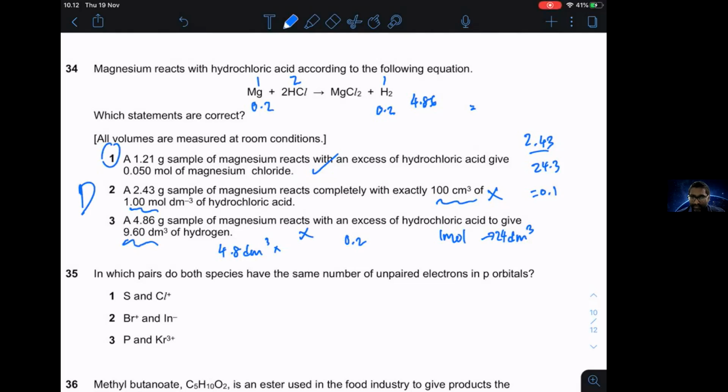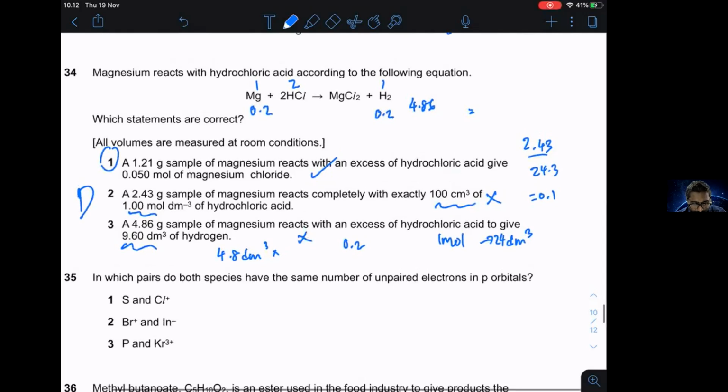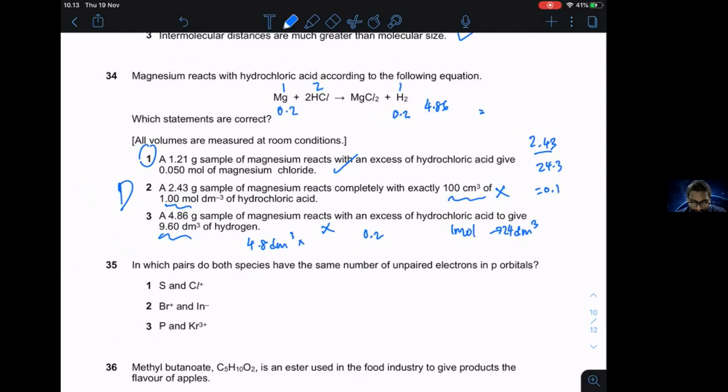Let us check. I think they say number 2 is correct, but let's check. 34. Which statement is correct? Number 1 is correct. The 2.43 g sample reacts completely with a certain number of moles of hydrochloric acid. 100 times 1 divided by 1000 is 0.1.